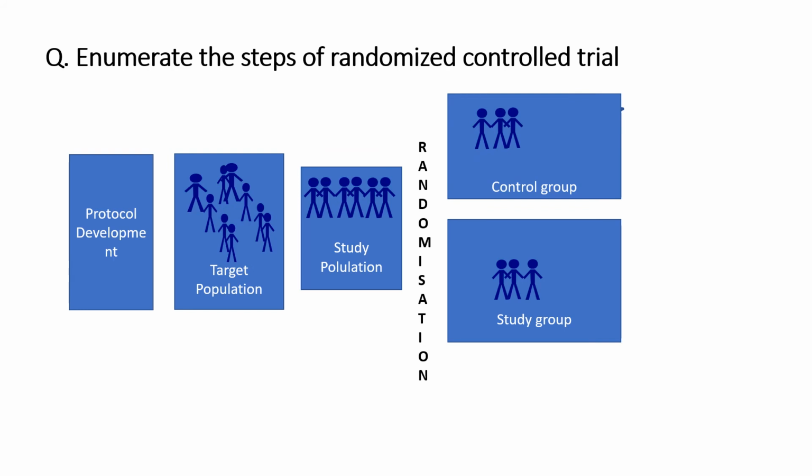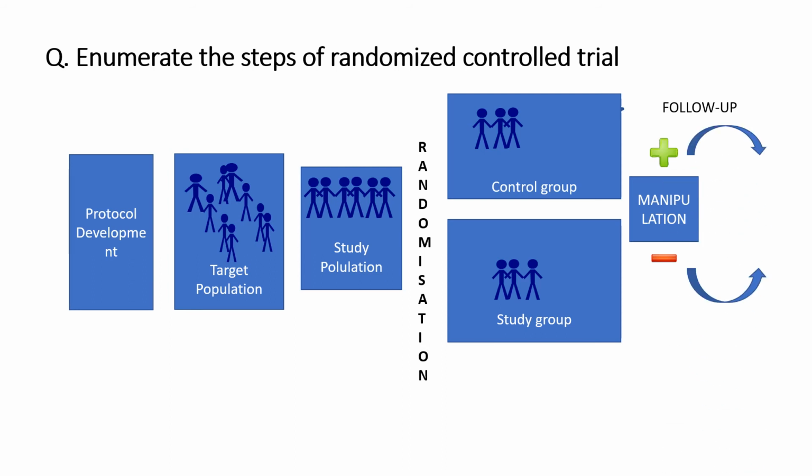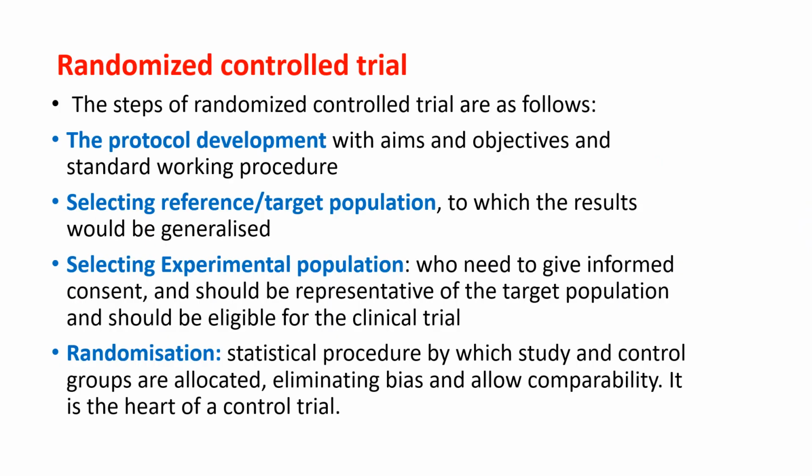That is, of the study population, everyone has an equal opportunity of getting selected into either the control group or the study group. Then is the manipulation. There may be some intervention or absence of any intervention. And these are to be followed up for final assessment.